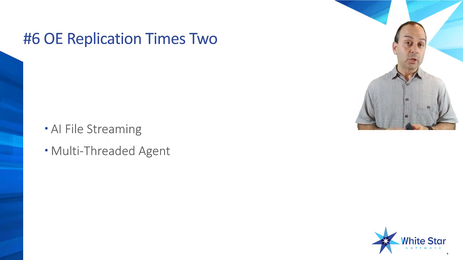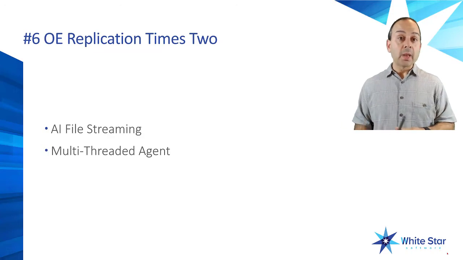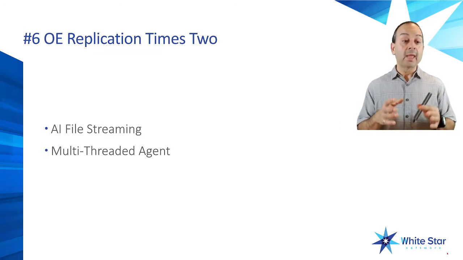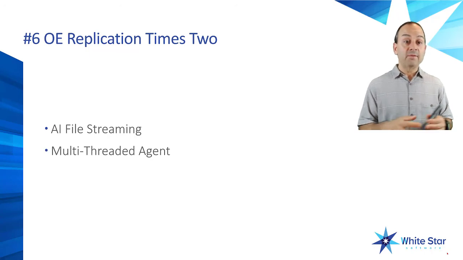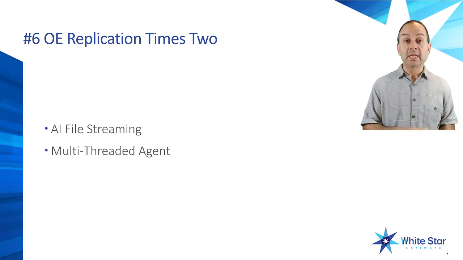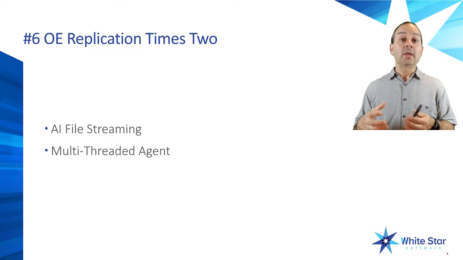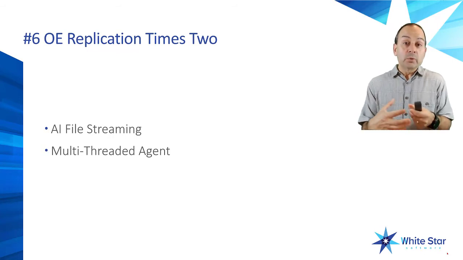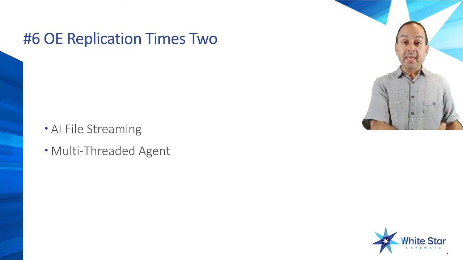And in a nutshell, what that does is, up until version 12.3, I believe, or 12.2, where they enabled this AI file streaming, what you had to do was, if the target was starting to fall behind from the source, either because of the speed of the machine or the disk I/O or the network, then all of those AI notes would pool on the source side. They would pool in the pica buffers.